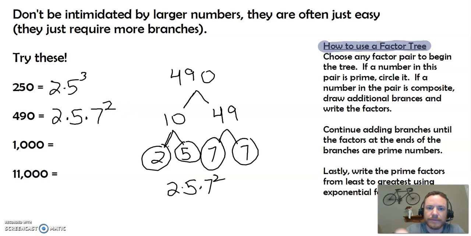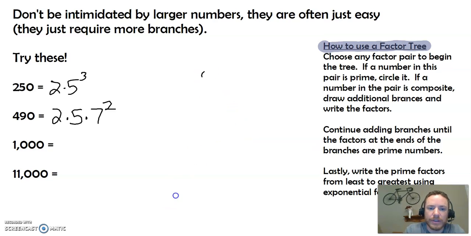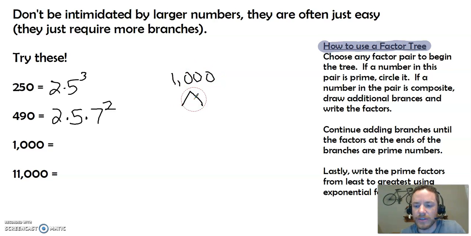All right, let's try 1,000. Again, don't be intimidated. Just because it's 4 digits long doesn't make it difficult. There's different ways to do 1,000. You could do 10 times 100. You could do 2 times 500. I'll do 10 times 100.